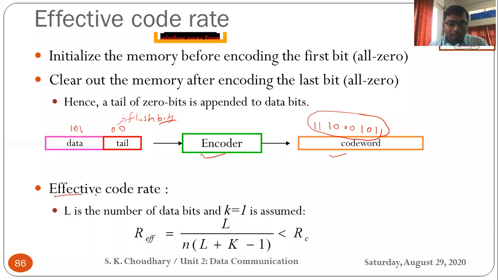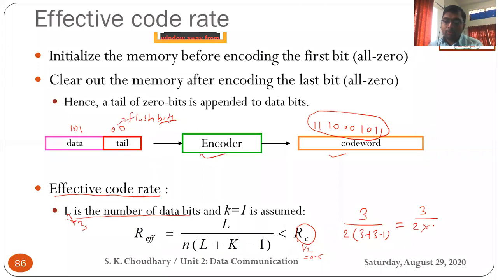So the new formula for effective code rate is this. L is the number of data bits. What is the number of data bits? It is 3, 101. So R effective is L upon N into (L plus K minus 1), and that is less than Rc, that is 1 upon 2 or 0.5. You can see here our L is 3, N is 2, K is 3: 3 upon 2 into (3 plus 3 minus 1), so 3 upon 2 into 5.